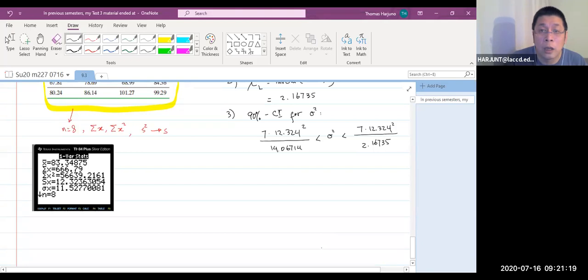Here I get 75 point something: 75.57804 less than sigma squared less than, let me continue with my calculator, 490. So you see the variance actually has a very big difference. Then I apply square root to the last number I have.